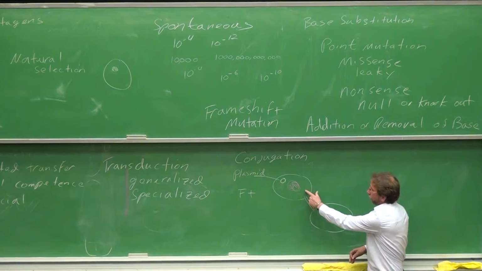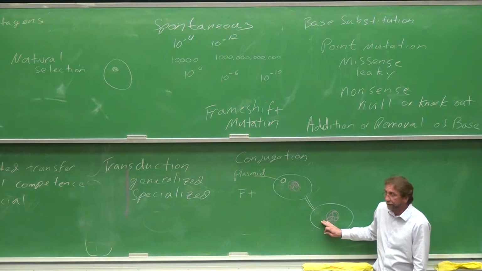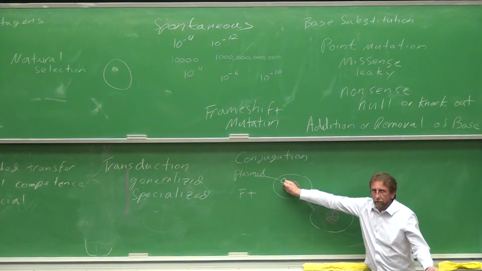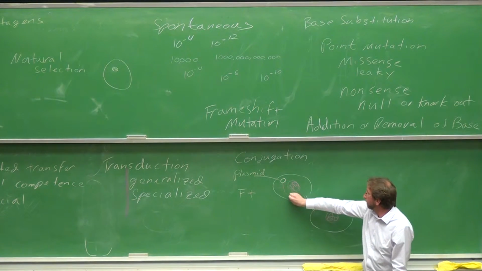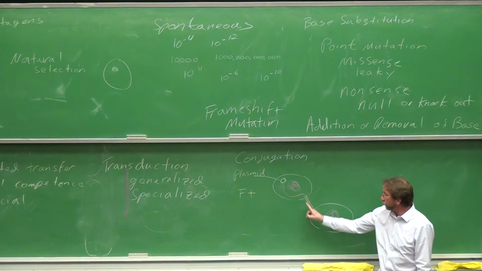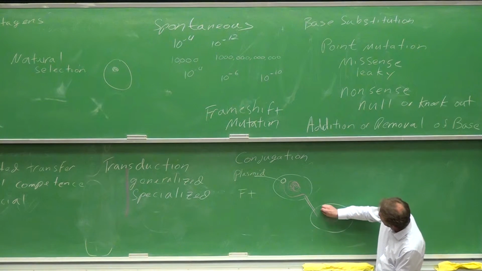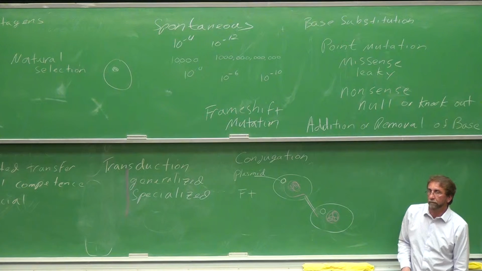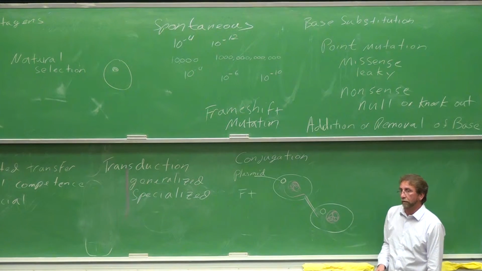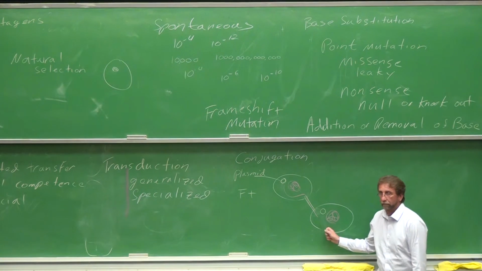Okay, so when contact is made with an F minus cell, and it has to be an F minus cell, then the plasmid, using the genes that allow for it to transmit itself, forms the sex pilus and then moves across through the sex pilus into the new cell. And so now this cell here has a plasmid. So basically the transfer of plasmid from F plus to F minus is converting the F minus to an F plus cell.